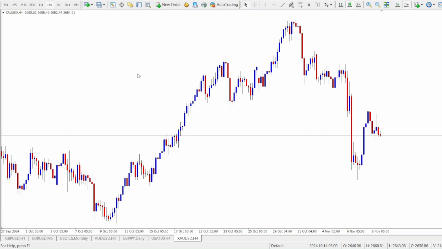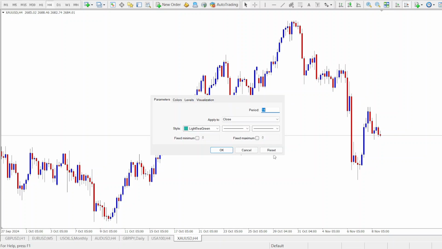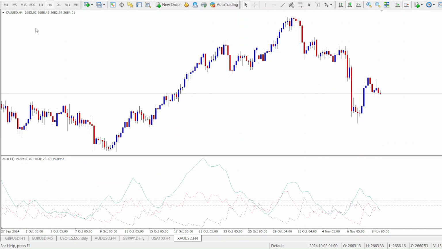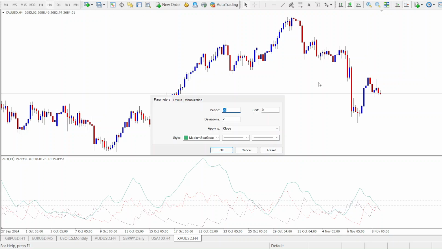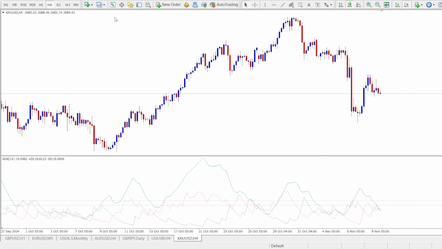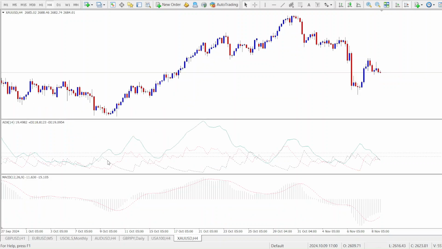The ADX and the MACD are two indicators that provide different but complementary information. So I'm just going to be adding both the ADX and the MACD to the chart. This is the ADX, as we can see, and then I'm also going to be adding the MACD to the chart. All right, so here we go. We have the ADX and the MACD both added to the chart.